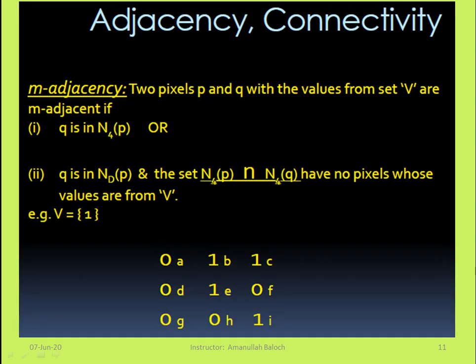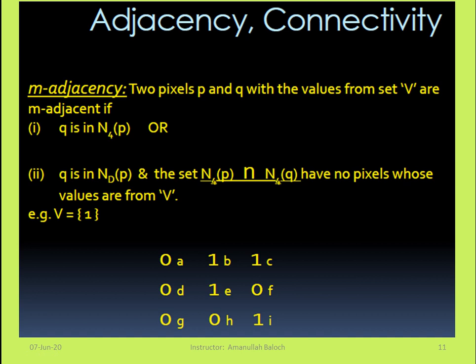Now, the third type of adjacency is M adjacency. First one was 4 adjacency, then 8 adjacency, and this one is called M adjacency. Actually, this M adjacency resolves some ambiguity.